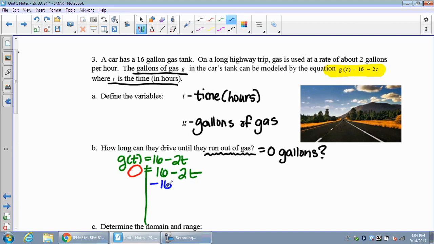We're solving a two-step equation here. I'm going to isolate the t term where I see the variable. So that becomes negative 16 equals negative 2t divided by negative 2. And we get t equals 8.